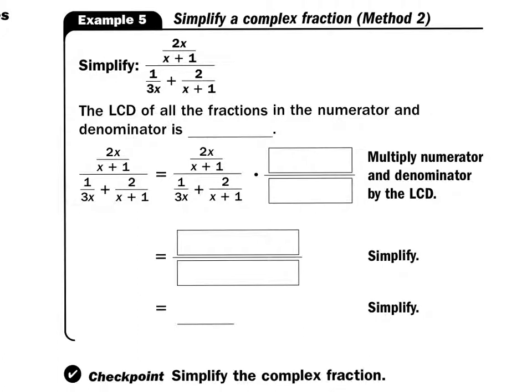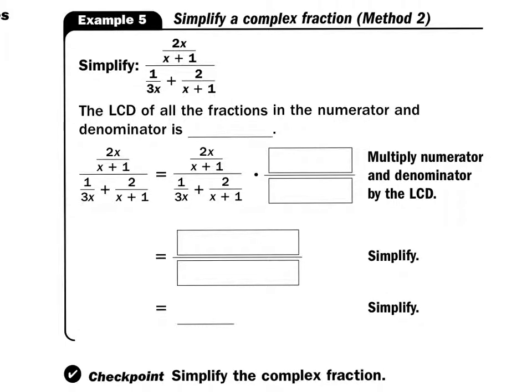Okay, they have another method for this, but I really don't like the other method. So I'm going to go ahead and do the first method again. So, what is my common denominator with 3x and then x plus 1? Well, it will be 3x times x plus 1.